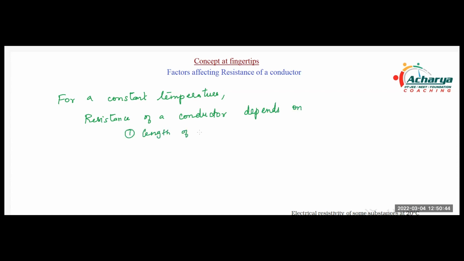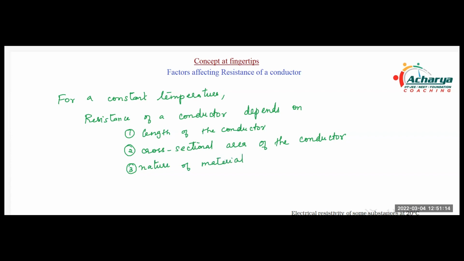For a constant temperature, the resistance of a conductor depends on, first, the length of the conductor, then the cross-sectional area of the conductor, and then the nature of the material used to make the conductor.